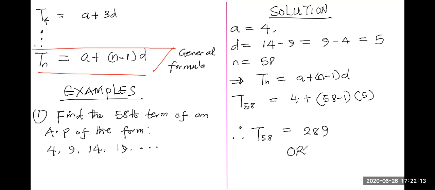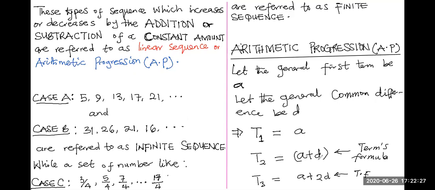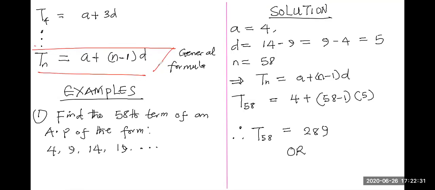Alternatively, I have used the general formula here for all AP. I could also use the term formula for the A term. If the second term is a plus d, third term is a plus 2d, fourth term is a plus 3d, that means the 58th term is going to give us a plus 57d. I have also said that T58 is equal to a plus 57d.